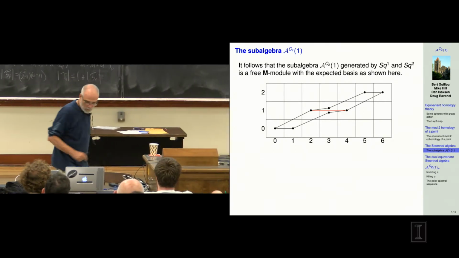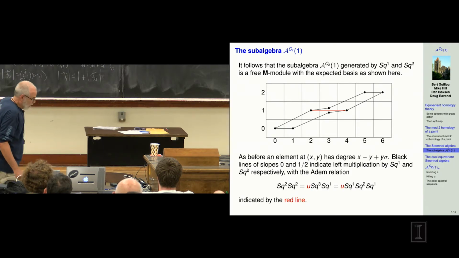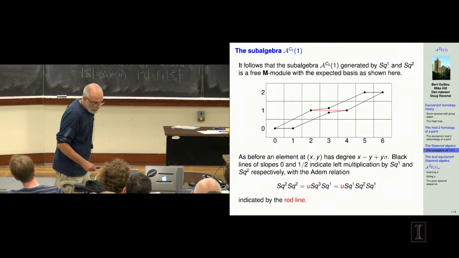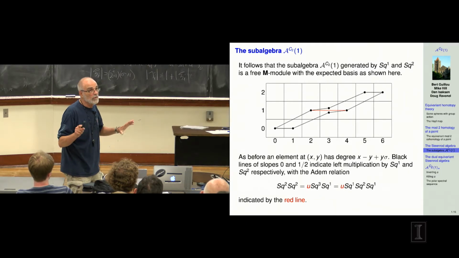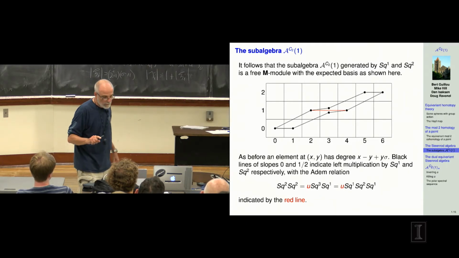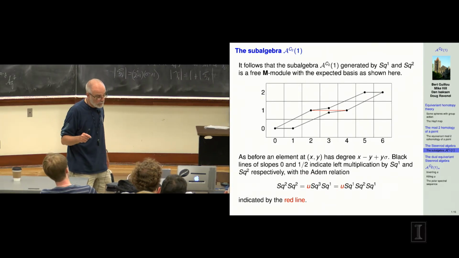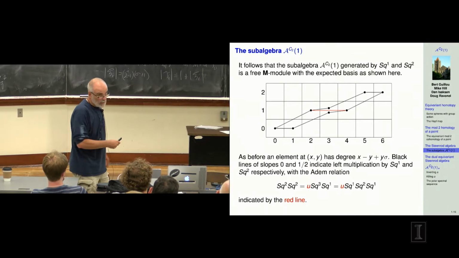Now, I must have written down what I'm about to tell you. In the classical case, square 2 square 2 is square 3 square 1. That's sort of the first Adem relation you ever learn, the first really interesting Adem relation. But in this case, there has to be a factor of u in the picture.